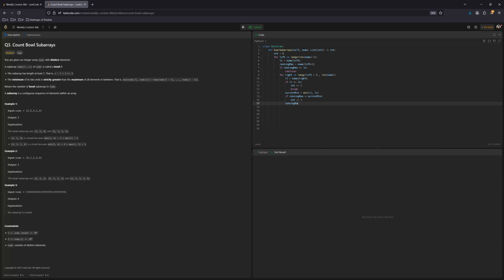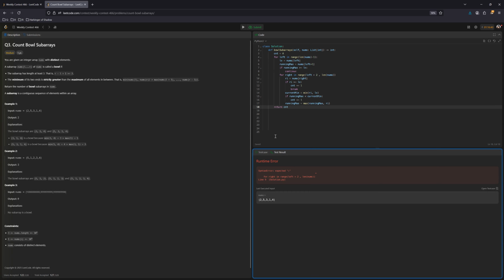Yeah, and then running max equals max of running max, comma, Ri. So this is the version that will produce a timeout. But I just want to see if I got it right. The implementation.